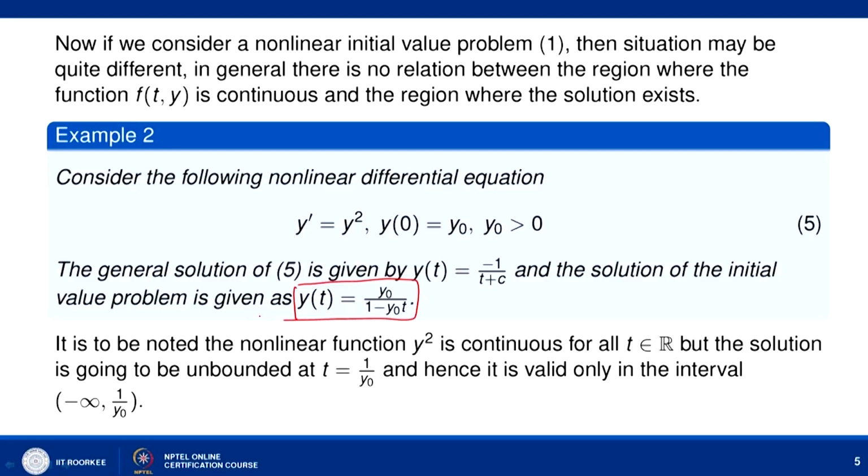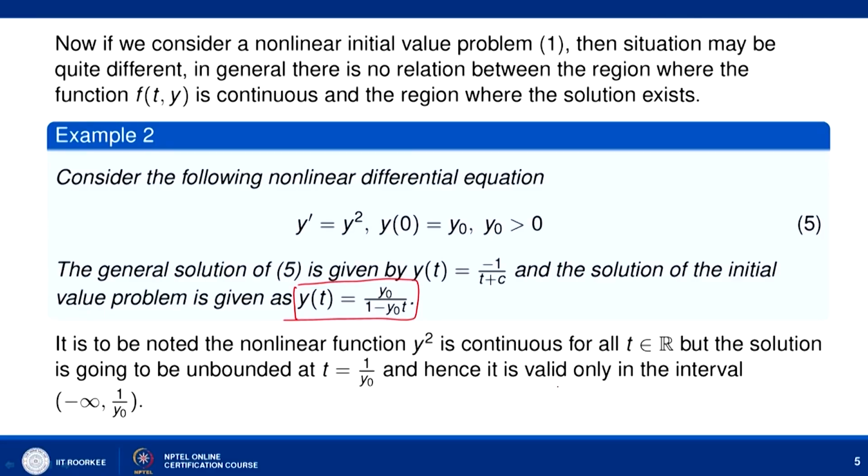Here the nonlinear function y^2 is continuous for all t belonging to R, but the solution becomes unbounded at t = 1/y0. Since y0 is positive, 1 - y0 t is 0 at t = 1/y0, so the solution is unbounded there.